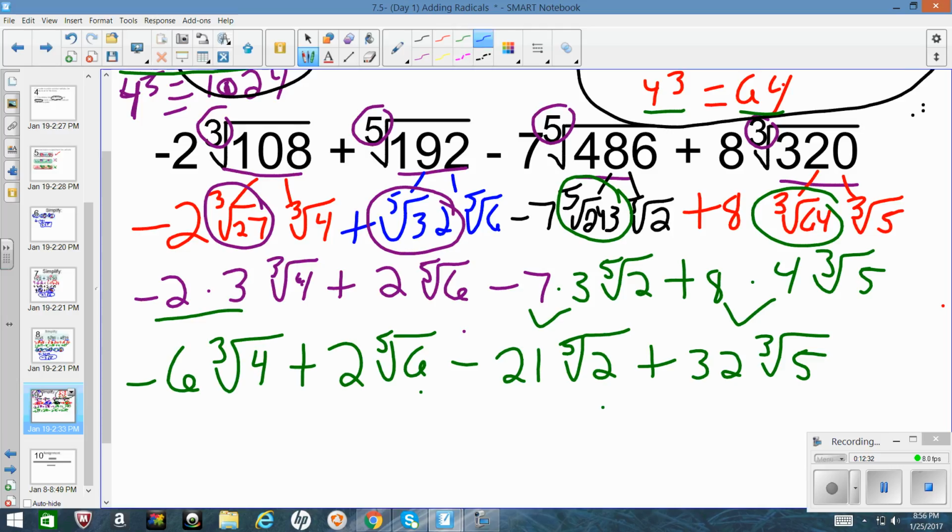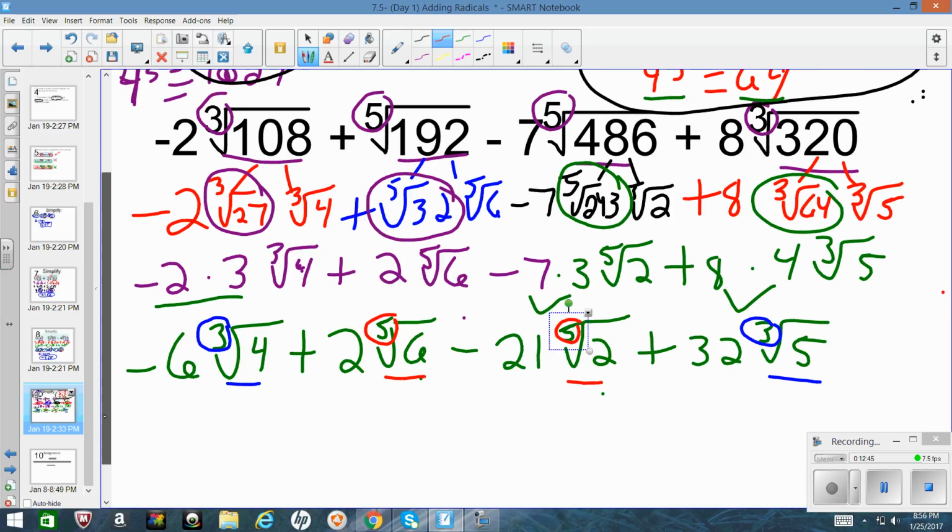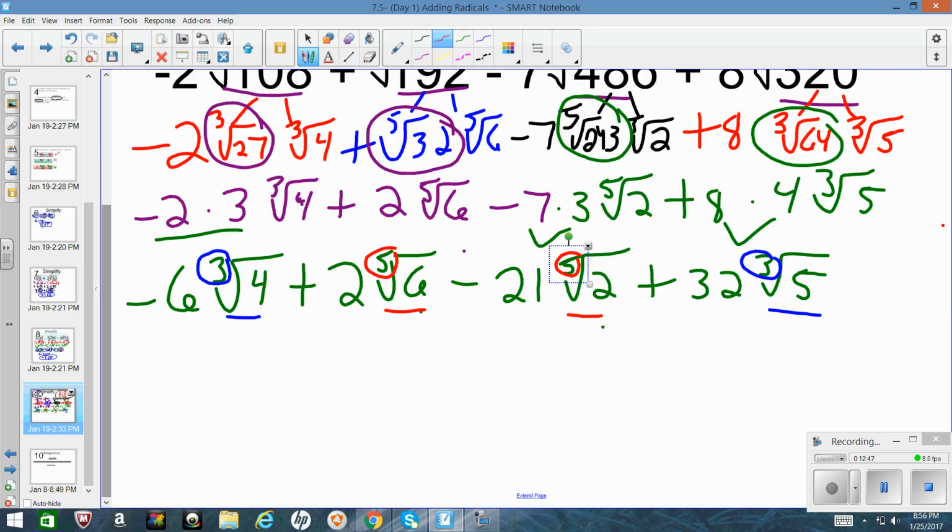Well, now if I look, I have an index of 3 and an index of 3, but my radicands are different, so I still can't add those together. Index of 5, radicands are different, so I can't even add those together. So the last thing I'm going to do is rewrite this, putting these radicals next to each other.